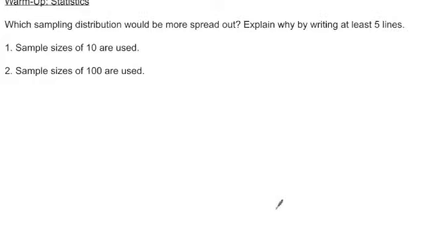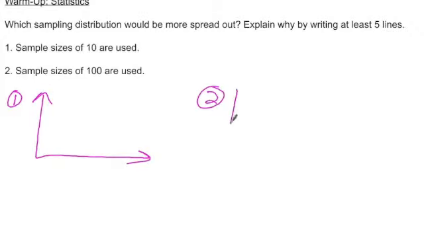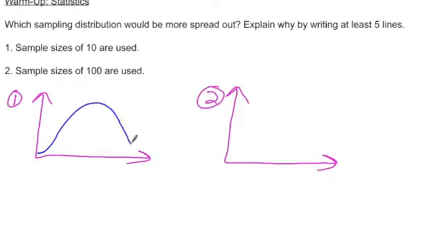Now a brief description of the problem. In number 1, samples of size 10 are used. Let's say we get something kind of normal. We would expect that distribution to maybe be something like that with our mean right here. No matter what the population looked like, if we took a lot of samples, it might look something like that.